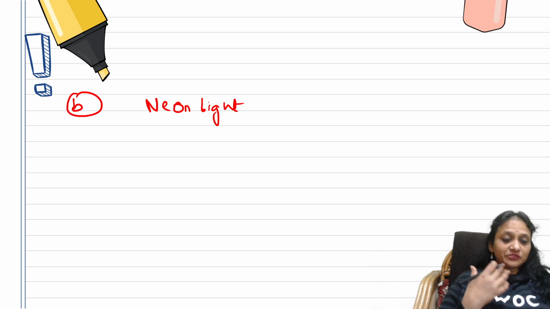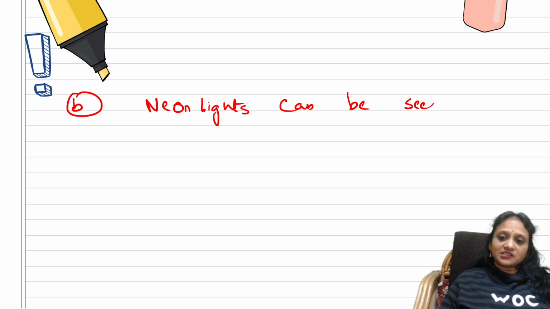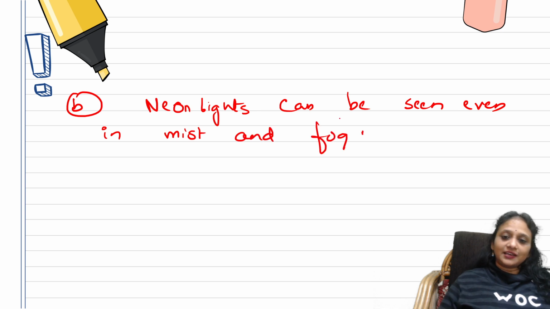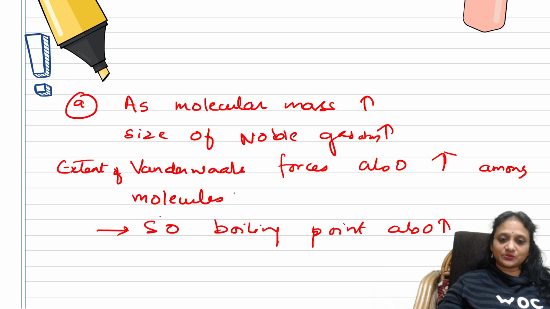Early in the mornings you have this mist and fog, no? So neon light can be seen even in mist and fog, and even over long distance. Hence they are used.